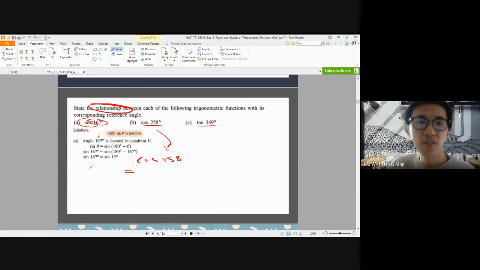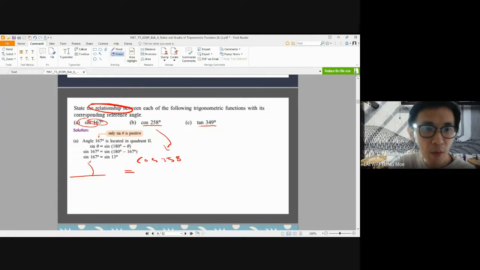Is it in the first quadrant, second quadrant, or third quadrant? Sorry, which one? Which quadrant is 258 in? Can anyone give your answer? For 258, where is this quadrant?